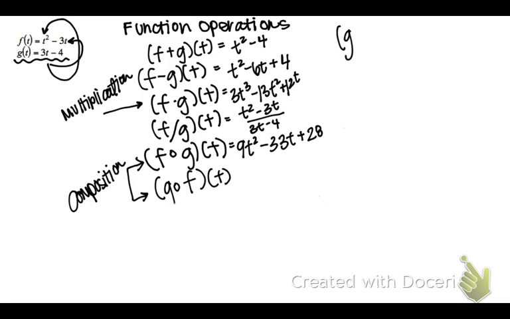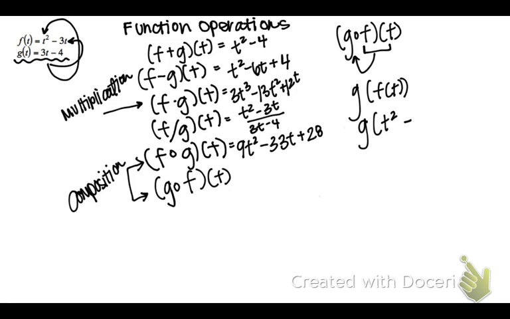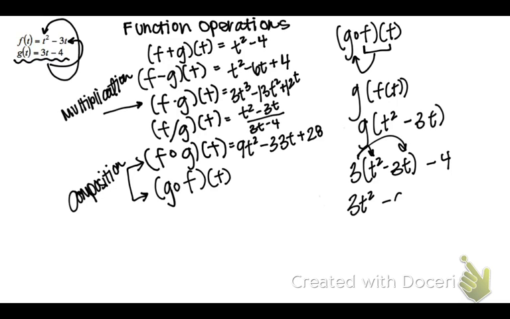That means I'm taking f of t and plugging it into g. f of t is t squared minus 3t, so this is g of t squared minus 3t. This is going to be 3 times t squared minus 3t, minus 4. Distribute this in, so this will be 3t squared minus 9t minus 4. There's nothing to combine there, so that's our final answer.